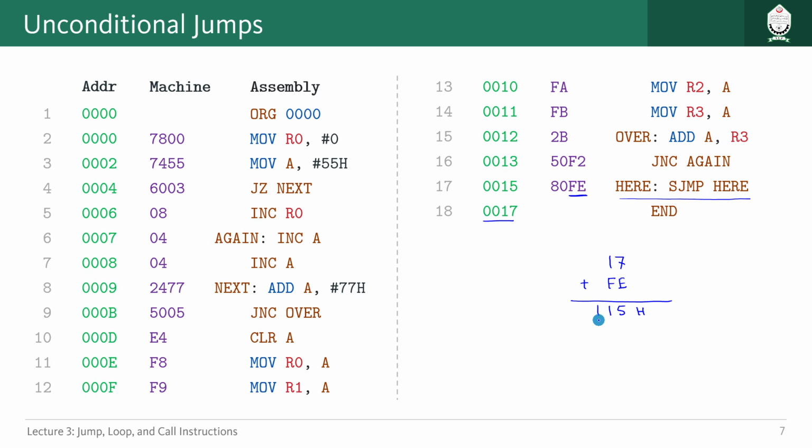Okay, so again here also we can omit this 1 and we can just consider this 15, and we can put 2 zeros here. That should be the target address. So if that is the case, this is the line we again go back to. So you see the label is actually in this line, so we have to go back to this line, infinite loop, right? So this also proves our theory, right?